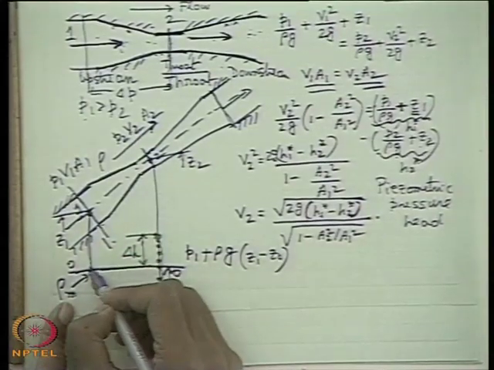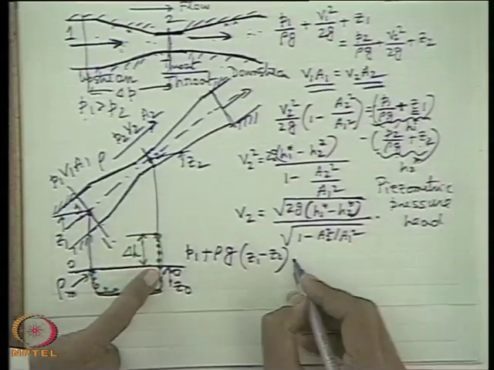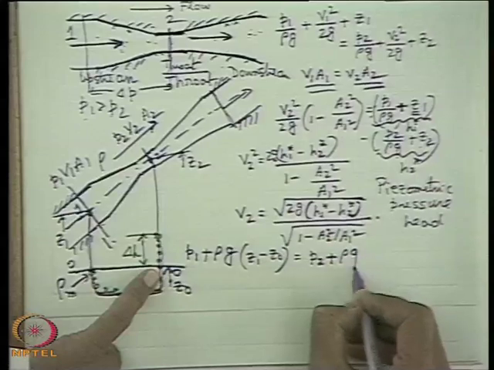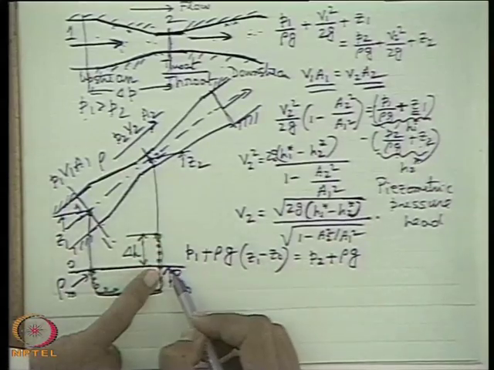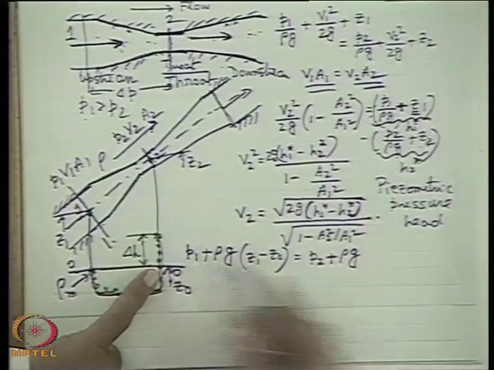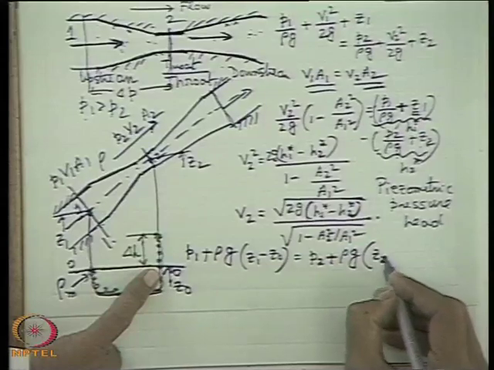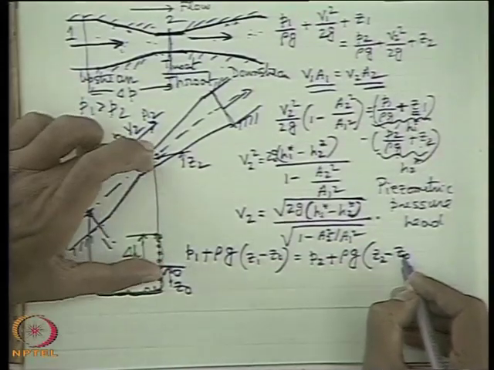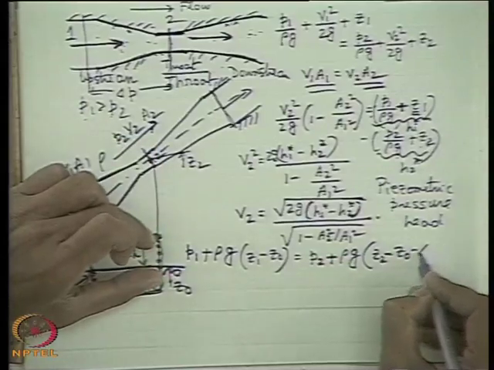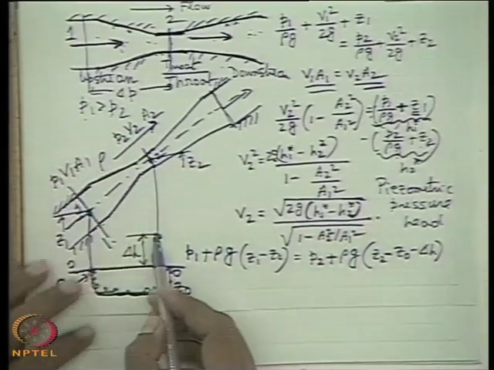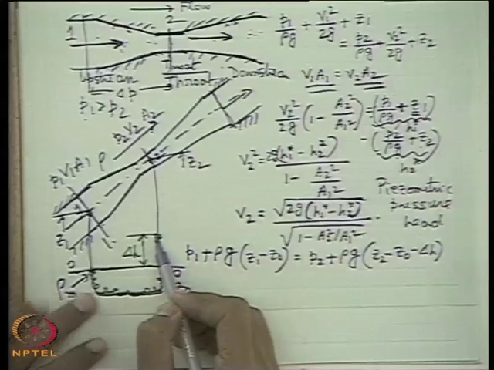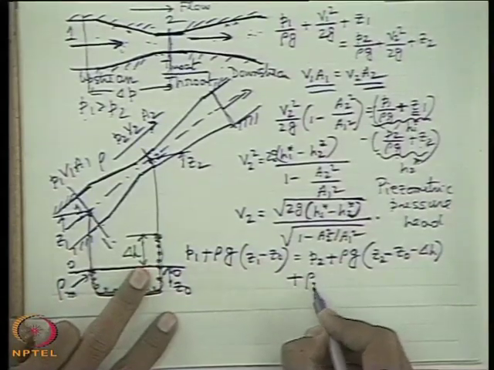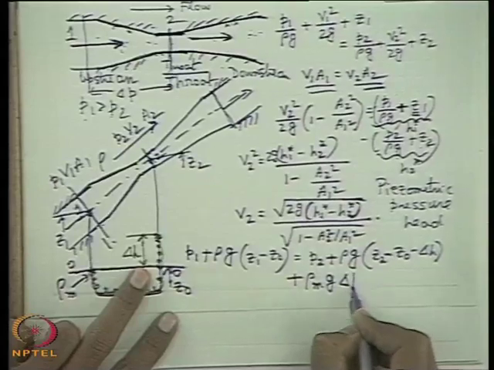So this is the pressure from this side. What is the pressure from the other side? It is P2 plus rho g (Z2 minus Z0 minus delta H), the elevation head minus Z0, minus delta H. Then plus rho m g delta H.